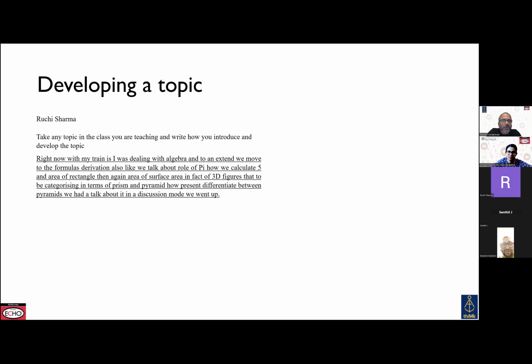Ruchi, if you want to go ahead. We had asked two questions at the end of the last session. One of them was, if you take any topic in class, how do we introduce and develop a certain topic? Today we saw in the hands-on origami a way to introduce exponents, for instance, or a way to intuitively flow with various angles of a bird which we were making.